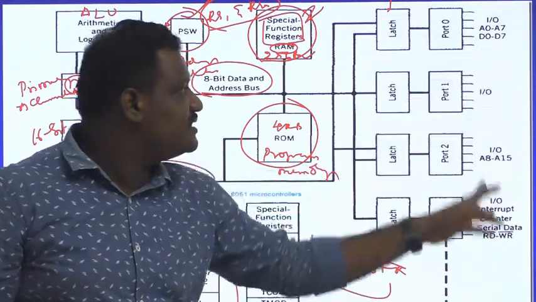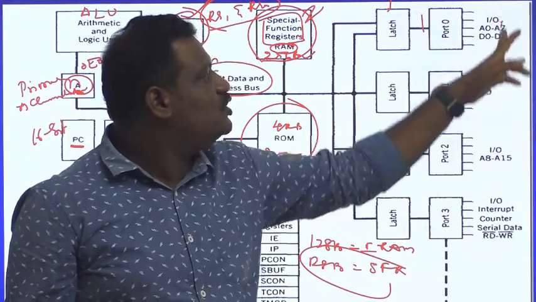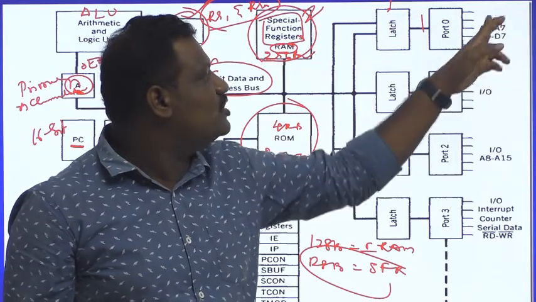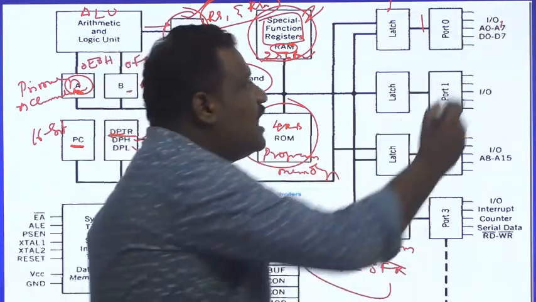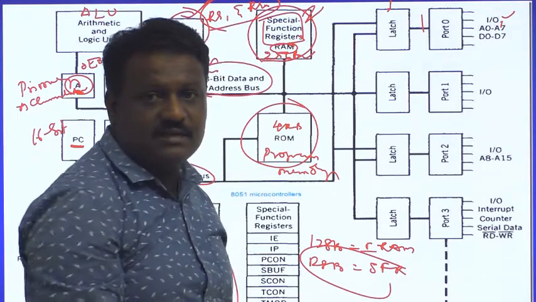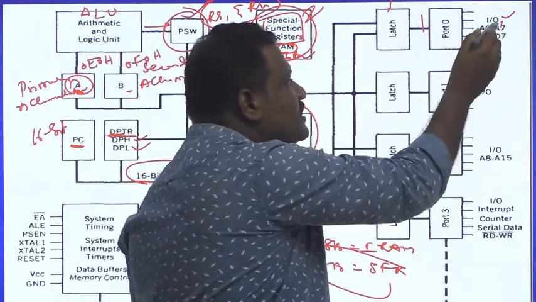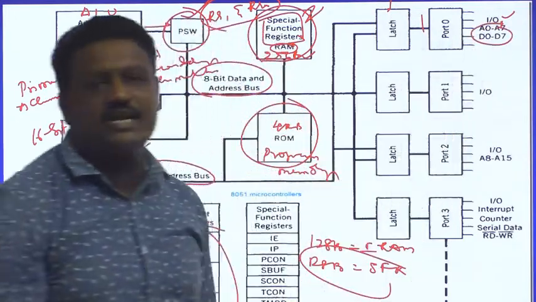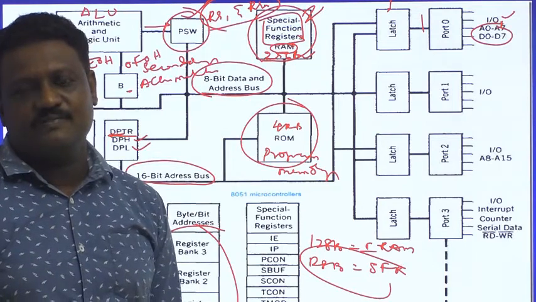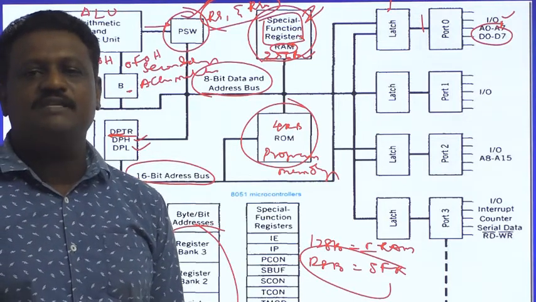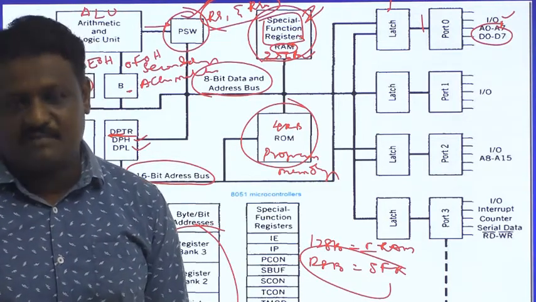If you see here, friends, port 0 has a dual function. One is that the port 0 signals are used for the connection of I/O devices, and they also act as multiplexed address and data buses. If you refer to our features, AD7 to AD0 is a multiplexed bus.